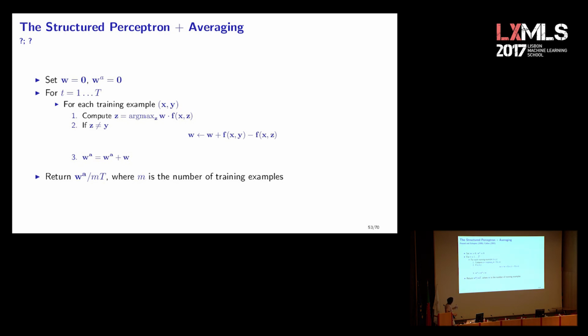So this is great. If you want to generalize better, there is the trick of averaging. Again, it is a trick designed for multi-class, and it works equally well. Instead of keeping one weight vector, you keep two. You do the updates in the same way, and the second vector you keep summing, okay?